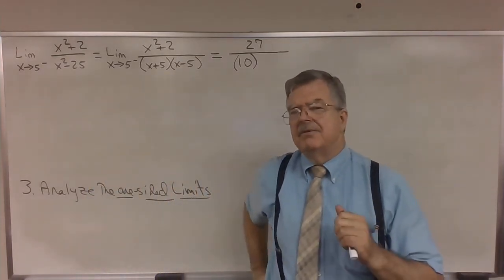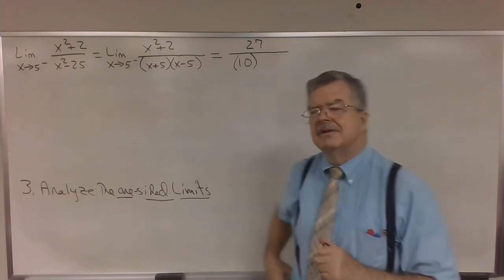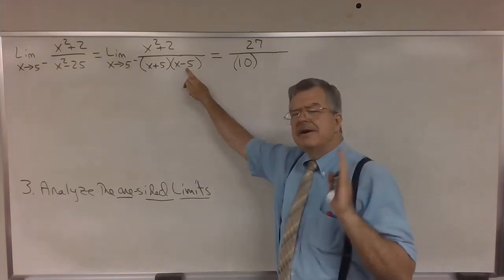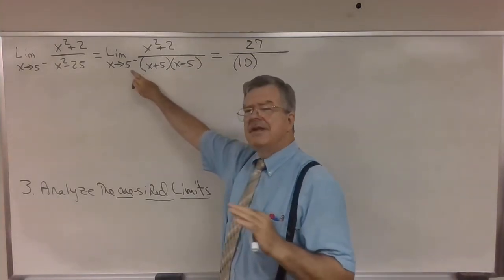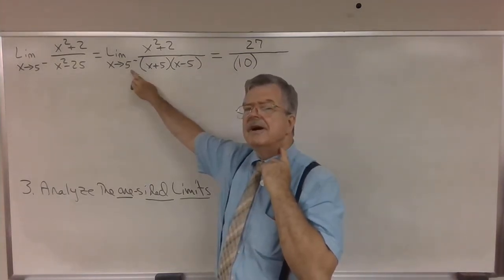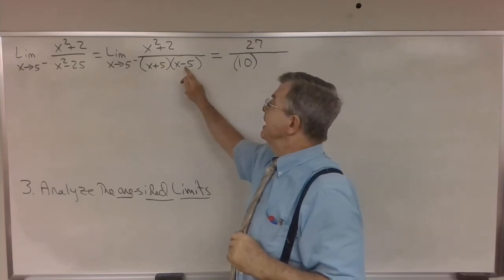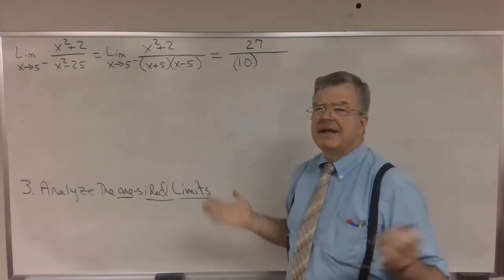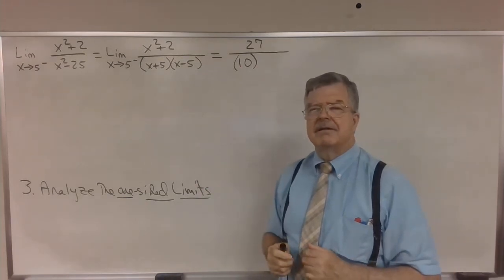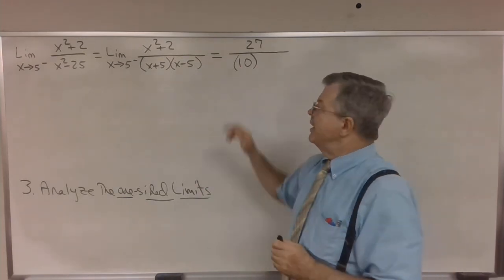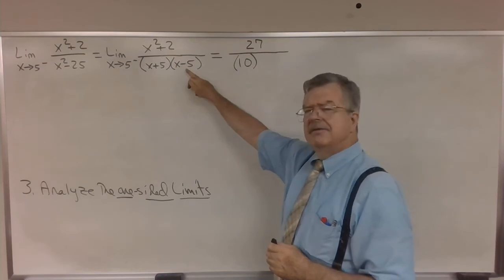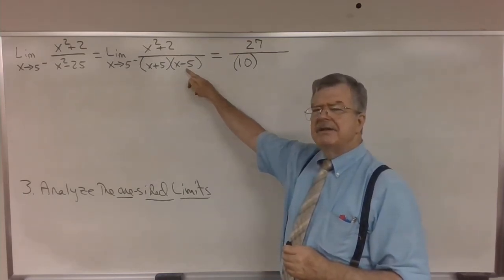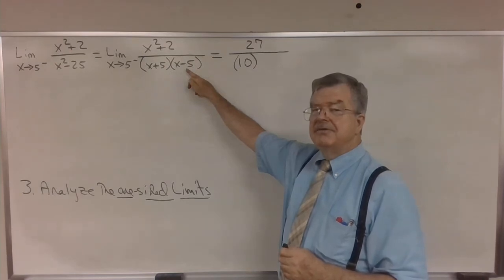But I'm not going to do that because, first of all, this factor never actually becomes 0 because x never actually becomes equal to 5. And secondly, if I put a 0 here, I'm dividing by 0, and I can't do that. But somehow I want to represent this factor as something that's really, really, really close to 0.